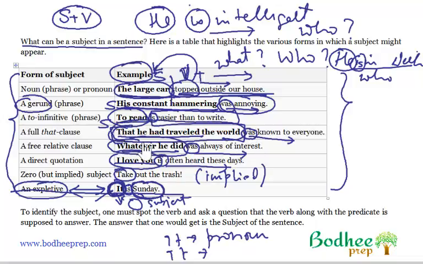The first one is a that clause, the second one is a relative clause. So the subject can come in a variety of shapes and sizes and forms, and you must be ready to quickly spot the subject. Once your subject is in place and you know where the verb is, your job is done. 50% of grammar is nothing but spotting the subject and the verb and arranging them in the right order. In the next videos, we will see the rules that define subject-verb agreement and what are the exceptions to those rules.